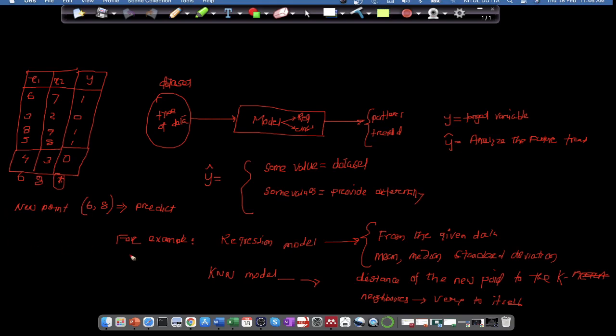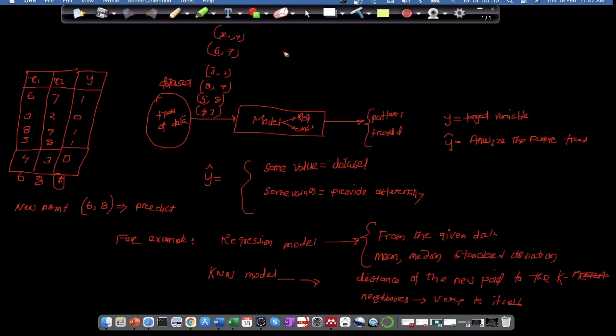So what we will do here, it uses the concept of distance between 2 points. The points are x1, x2: 6, 7. The second point is 3, 2. The third point is 8, 9. The fourth point is 5, 8. And the last point is 4, 3.